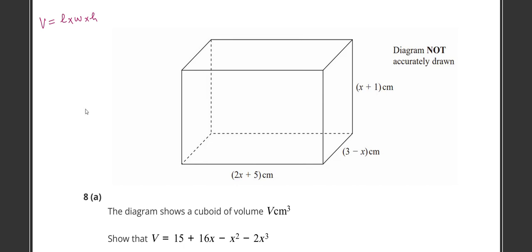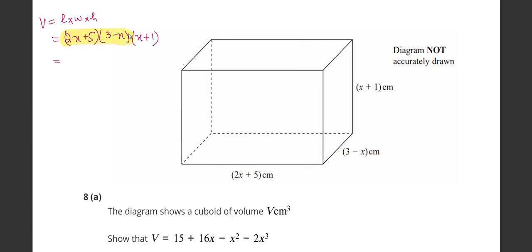So volume is to be found by length 2x plus 5, width 3 minus x, and height x plus 1. Look very closely at how we expand it. At first we will be expanding only these two. But when we are expanding, it doesn't mean that we will not write down x plus 1.